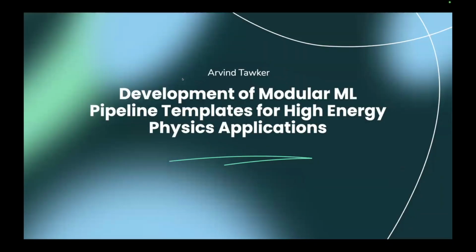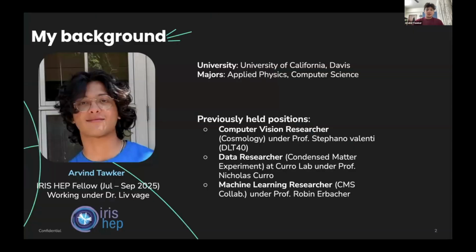Awesome. Okay, so hi, I'm Arvind Thakur. I'm working on developing modular ML pipeline templates for HEP applications. So a little bit about me. I just graduated with a double major in applied physics and computer science from UC Davis, and I'm on the 14-week fellowship with IRIS-HEP.